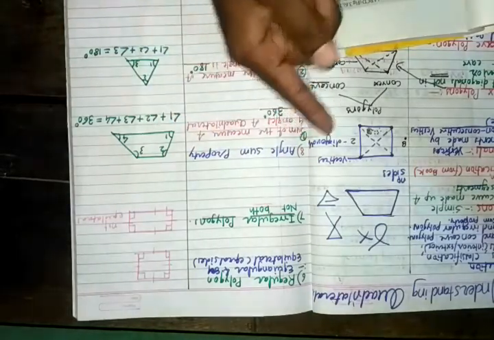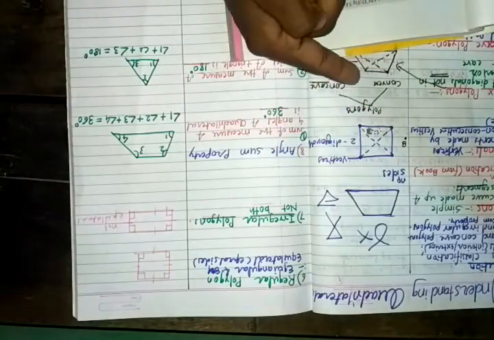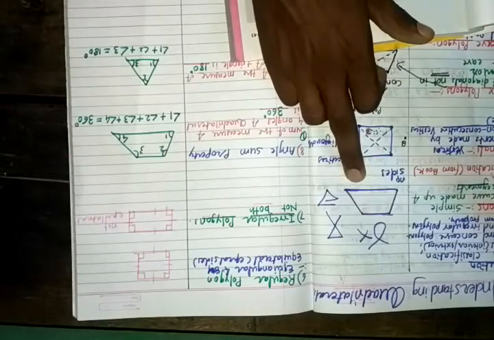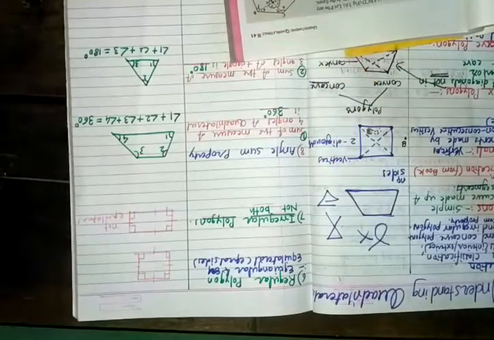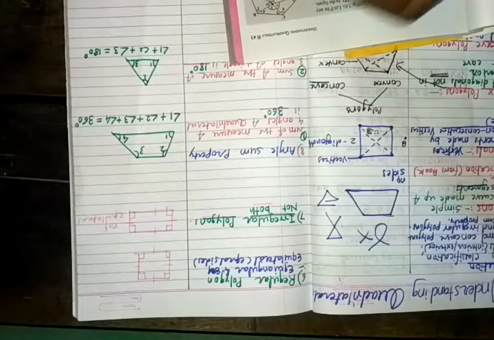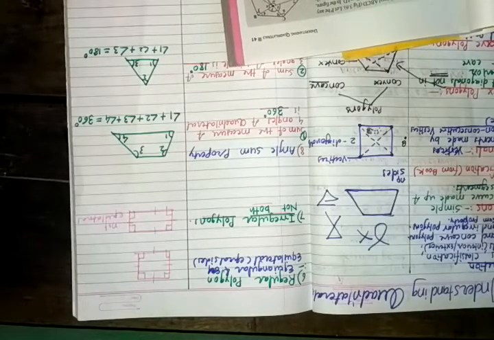If I draw the curve without lifting my pencil, but the end points are closed, then it is a simple closed curve. And what is a polygon? A simple closed curve made up of line segments.